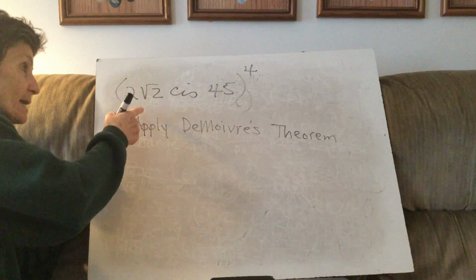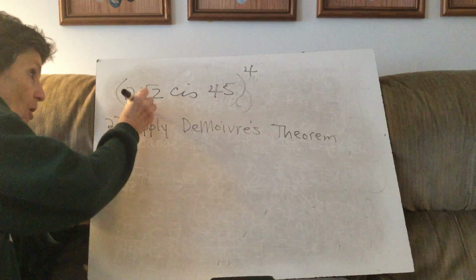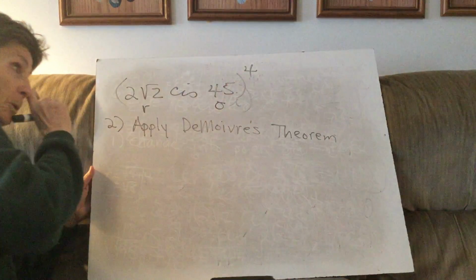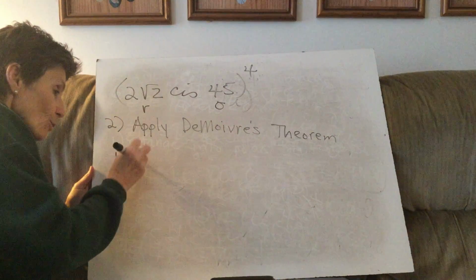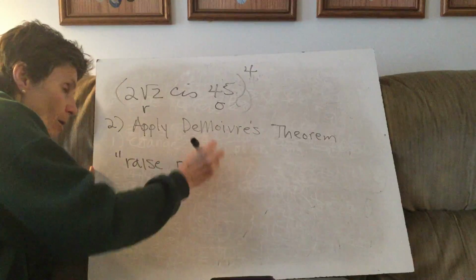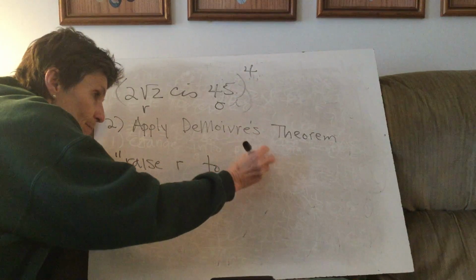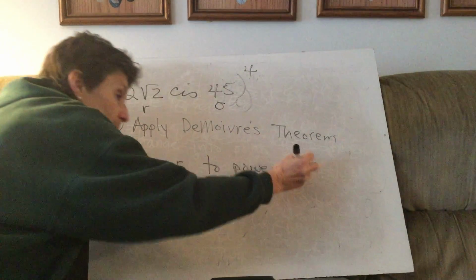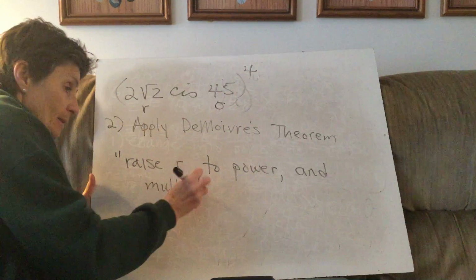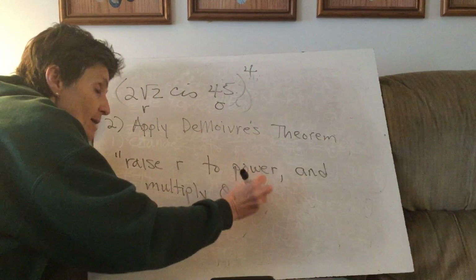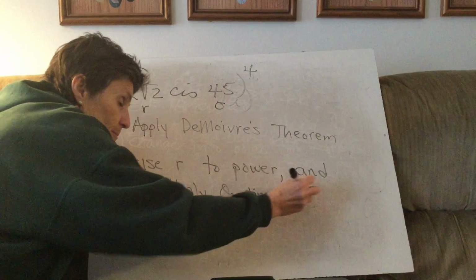We're going to raise r, this is r, and this is theta. We're going to raise r to the power, so I'll make a little note here. Raise r to the power and multiply theta times the power.